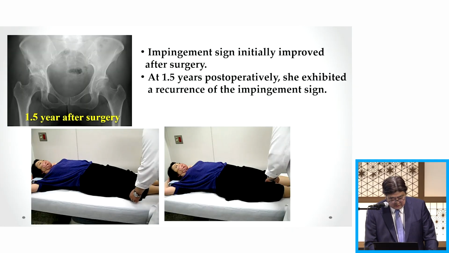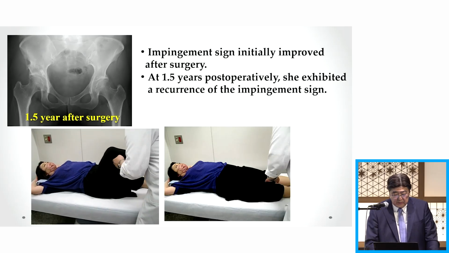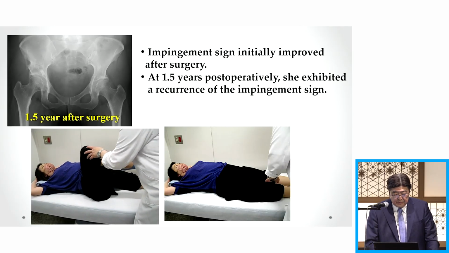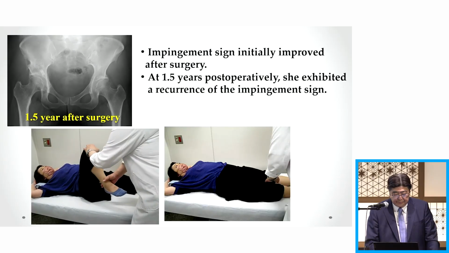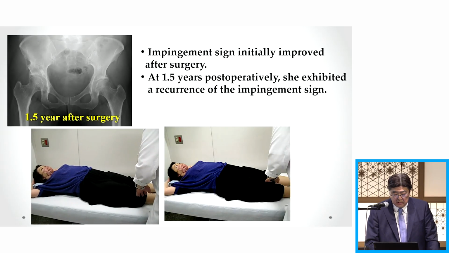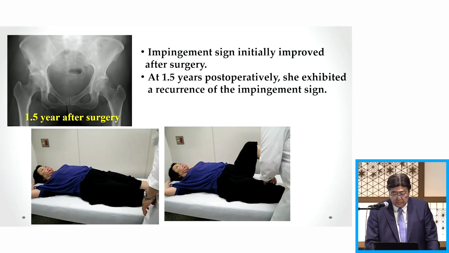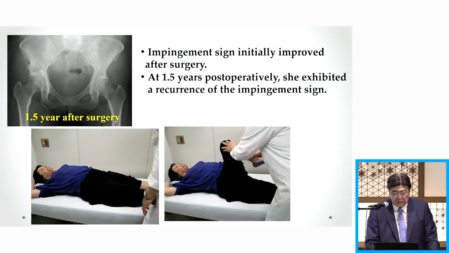The impingement sign initially improved after surgery, but 1.5 years after surgery, she exhibits a recurrence of the hip joint impingement sign. You can see the other side also has a positive impingement sign.